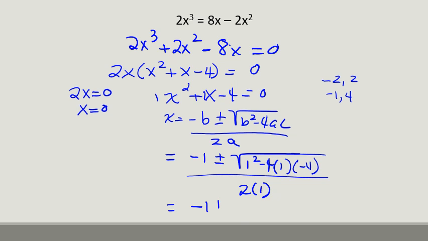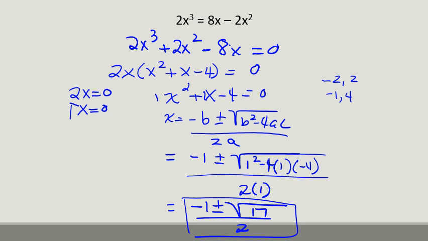So negative 1 plus or minus the square root of 17 over 2. And I'm done. That can't be simplified any further. So my solution is negative 1 plus or minus the square root of 17 over 2 and x equals 0. And I'm just going to leave it that way.